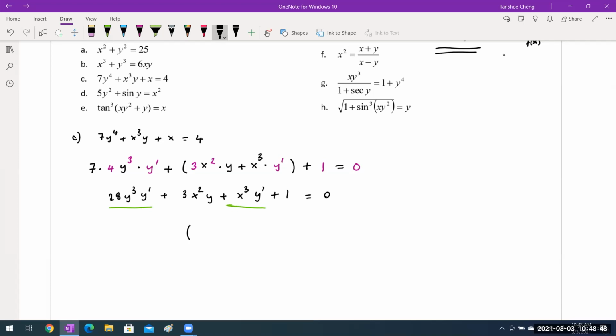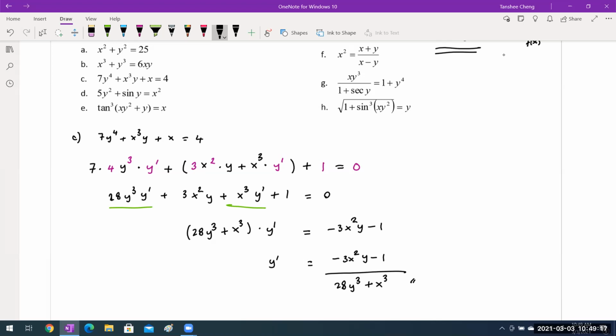So this will give us 28 y to the third power plus x to the third power times y prime. That is equal to the other term, I bring it to the other side: negative 3x squared y minus 1. And finally, dividing by the factor on both sides, that will give us negative 3x squared y minus 1 over 28 y to the third power plus x to the third power. And that will be my final answer for C.